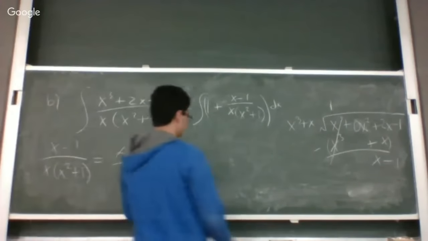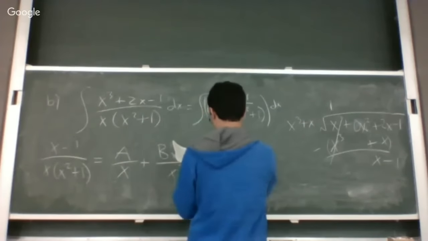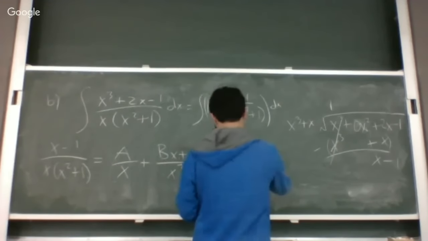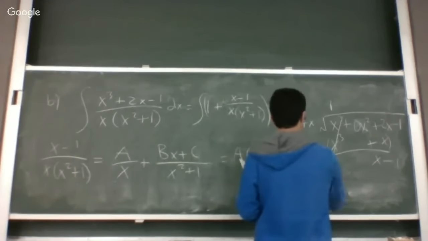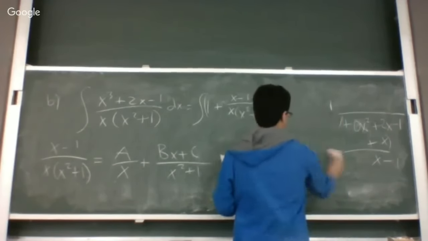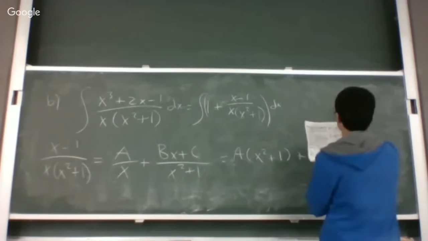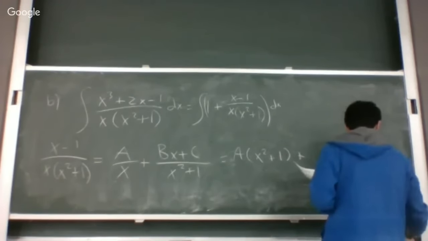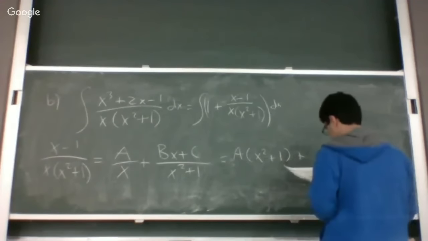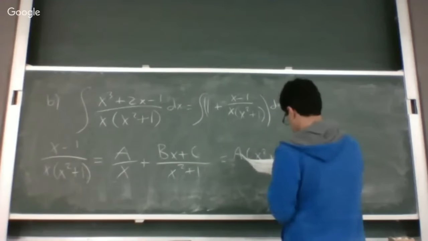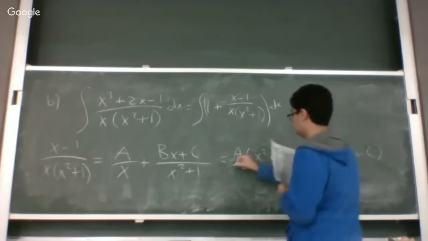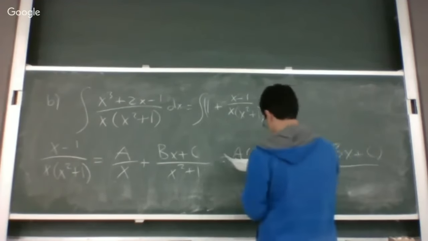So the best way to do this quickest is using the first method, which is equal to a times x squared plus 1 plus x times bx plus c divided by the denominator.